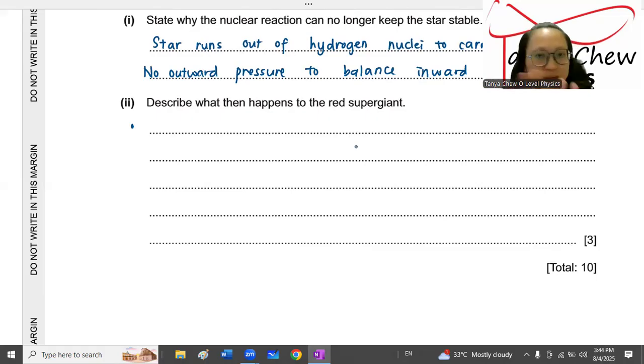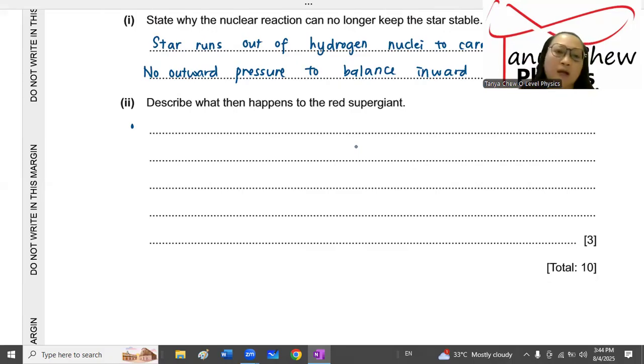But this time, because there is no longer hydrogen nuclei, so the process of fusion will be carried out by helium nuclei to produce the product, which is heavier elements, right? And then eventually it gets larger and eventually supernova explosion, a big explosion occur and leave behind maybe a neutron star, right?